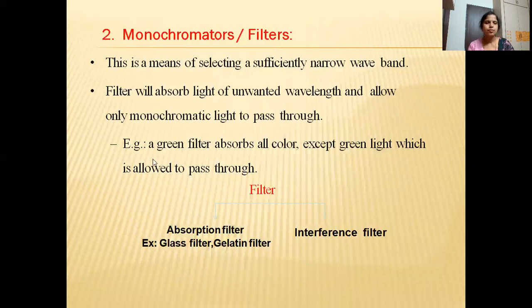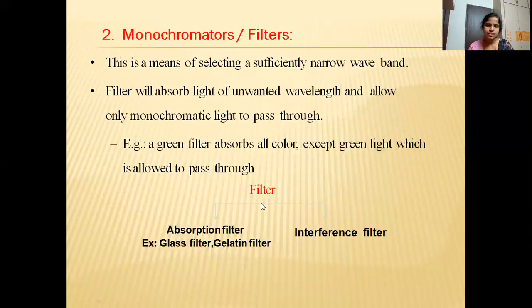We have different colored filters present in the colorimeter. Suppose we are using a green filter: it absorbs all the colors except green light, which is allowed to pass through. Except for green light, all the other colors are absorbed, and that green light is made to fall on the sample.